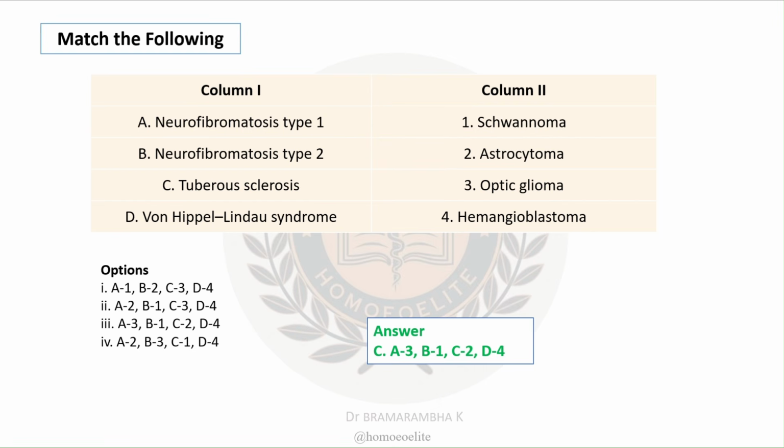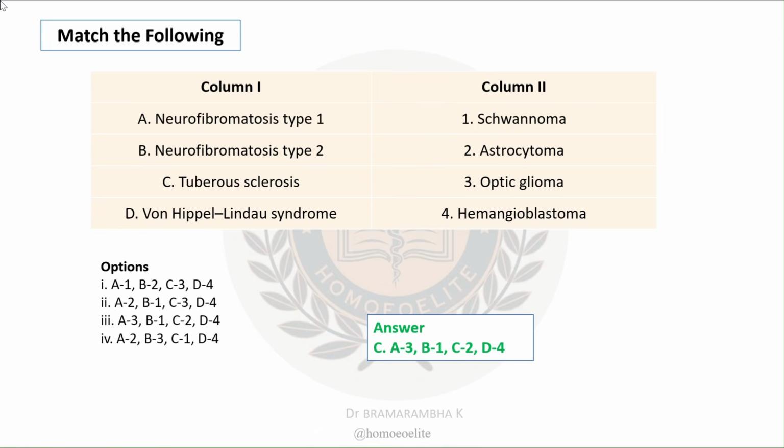So option C: neurofibromatosis type 1 is optic glioma. Neurofibromatosis type 2 is schwannoma. Tuberous sclerosis, astrocytoma. Von Hippel-Lindau syndrome is hemangioblastoma.